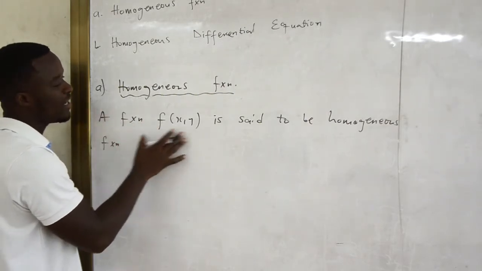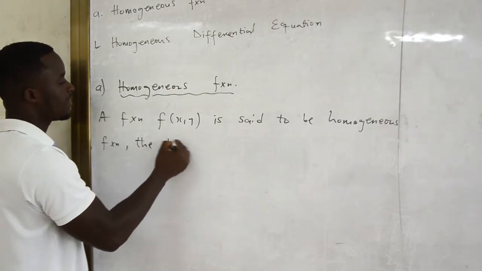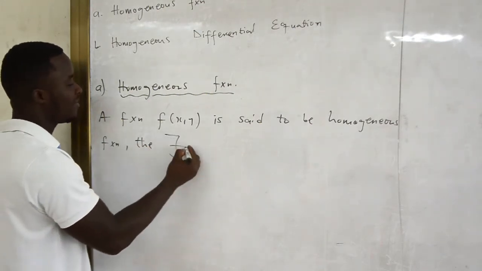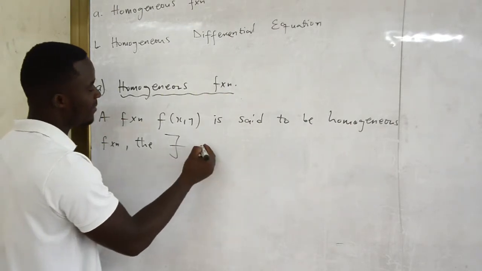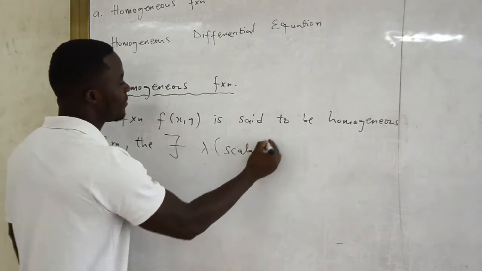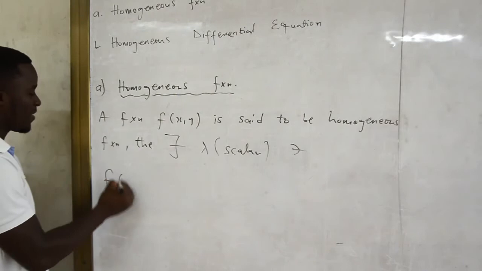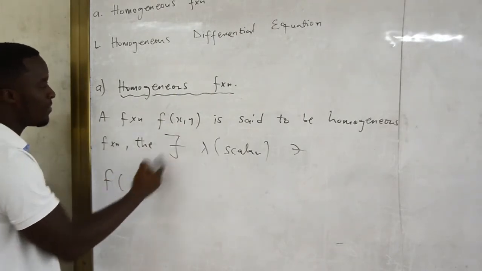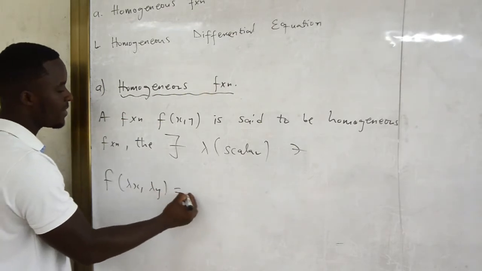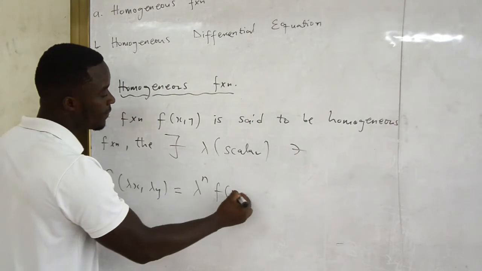My function f of x, y is said to be a homogeneous function if there is a certain scalar, let's say lambda, such that when I multiply my individual x and y by the scalar, lambda x, lambda y, I can factor out lambda to the power of n, times my function f of x, y.